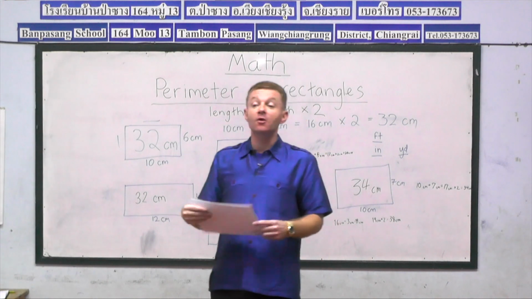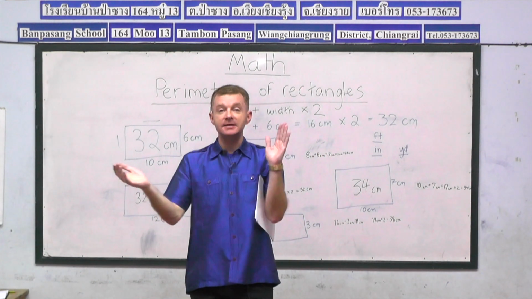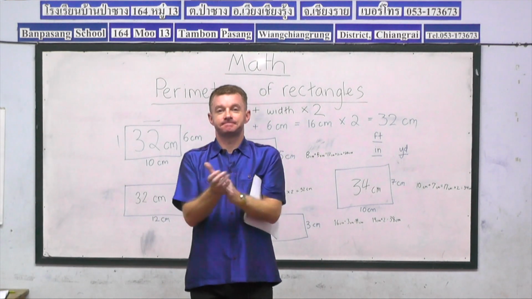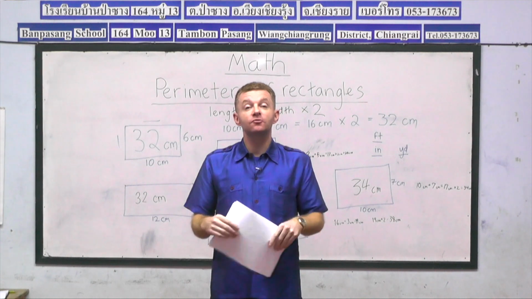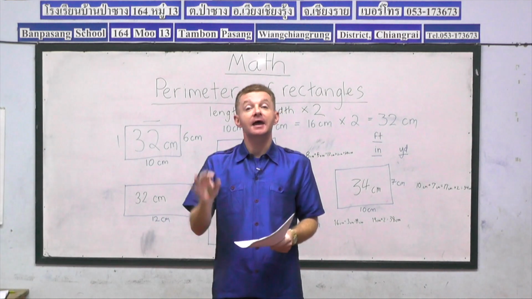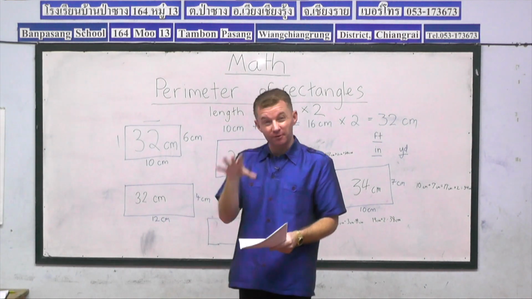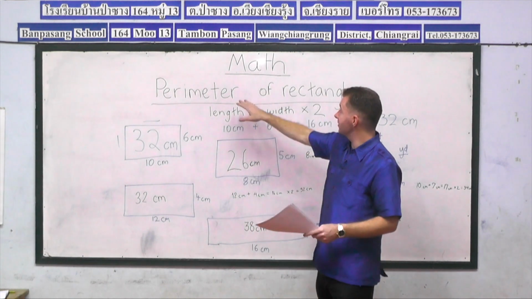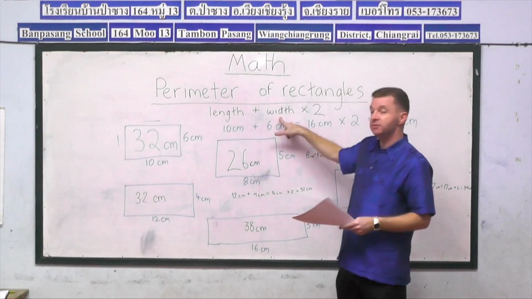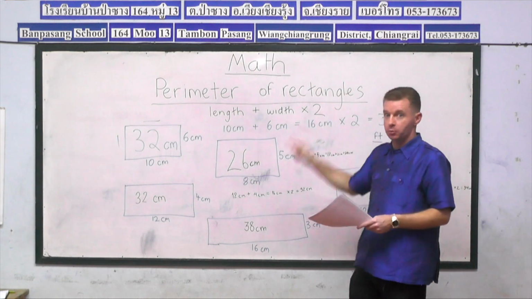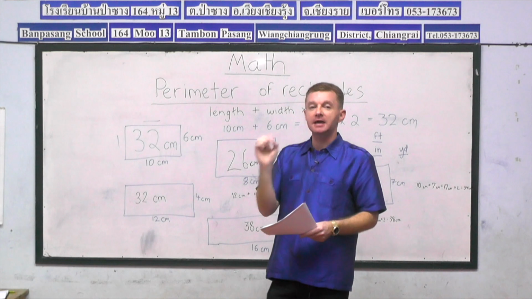My students here all did an excellent job, so well done, guys. And remember, the formula for working out perimeter of rectangles is length plus width times by 2, every time.